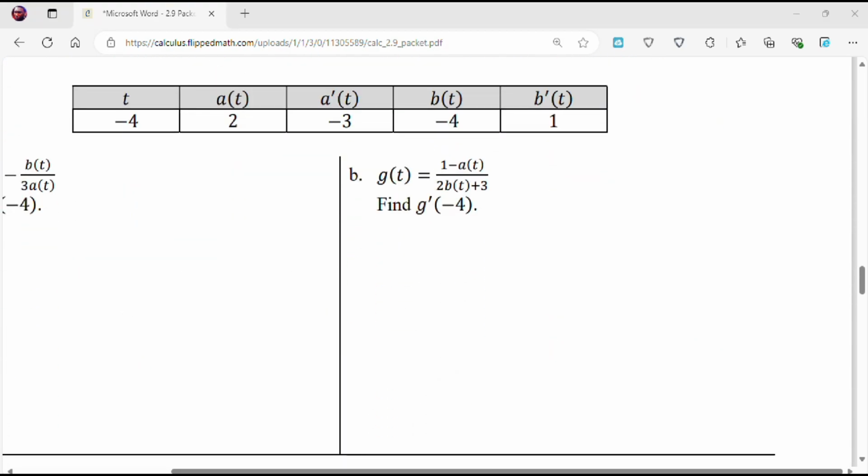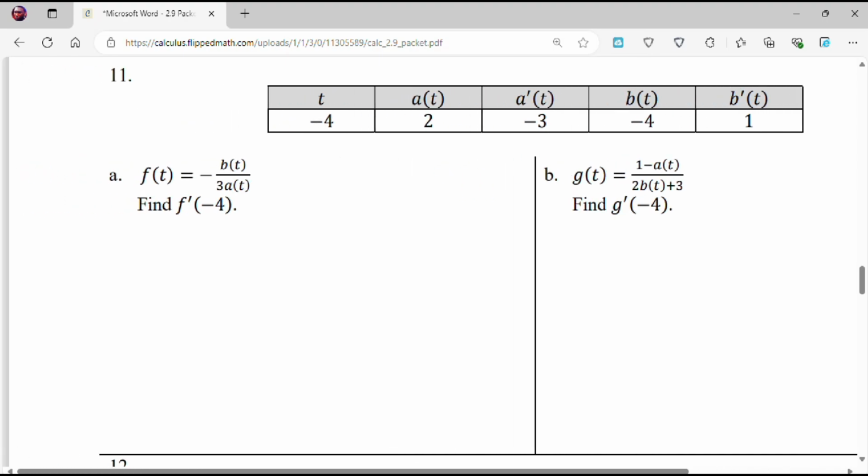Okay, next question, 11. So we have v, u, solve for f prime of t. F prime of t is going to be v u prime. So remember it's a negative, so times negative b prime of t minus u.